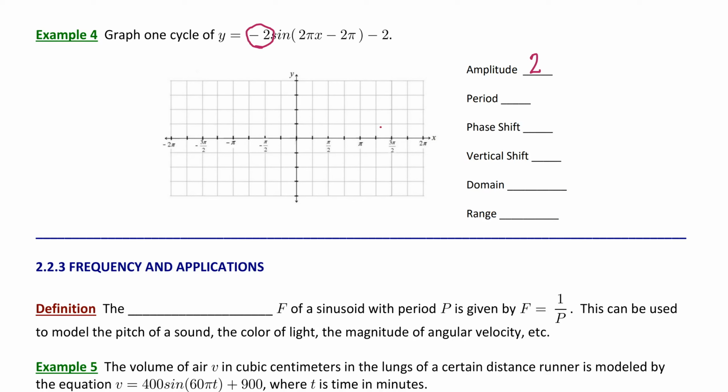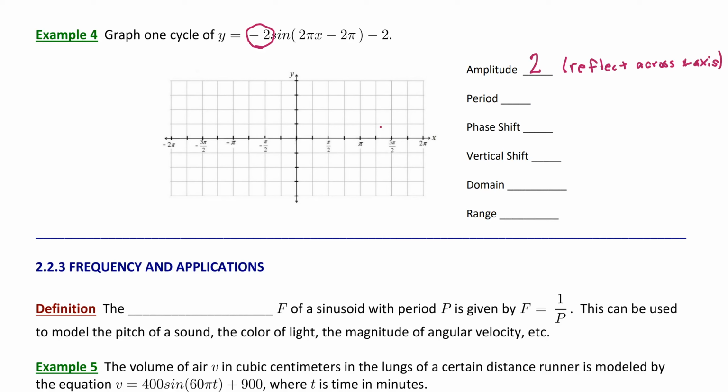But what we're going to recognize is that because this constant is negative, this sine wave has been inverted or reflected across the x-axis. So I'm just going to make myself a note, reflect across the x-axis.